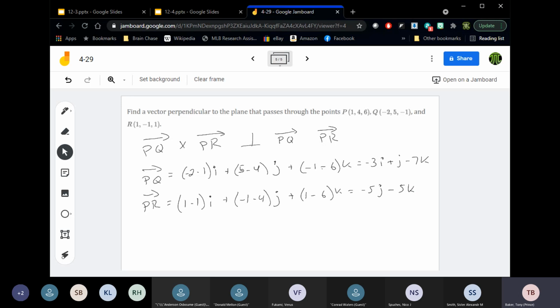So those are the two vectors, PQ and PR. Any questions on how we found the two vectors? All right, so the next thing we have to do is find the cross product of these.